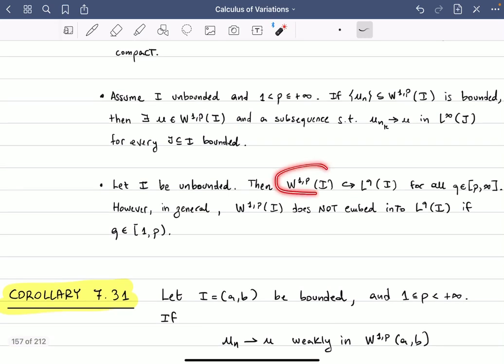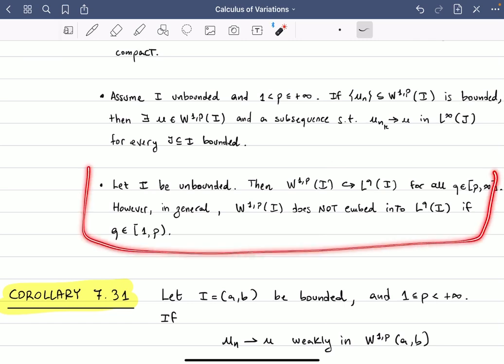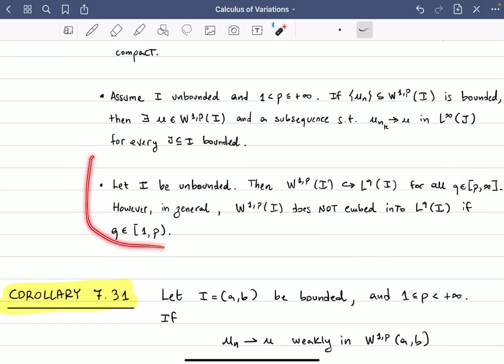And here I'm saying it in general for W1P. We didn't prove this, but just know that this is true, although we will probably never use it in this course.